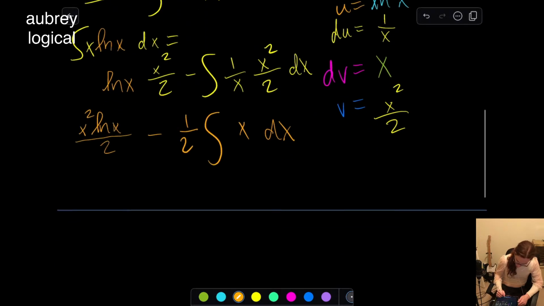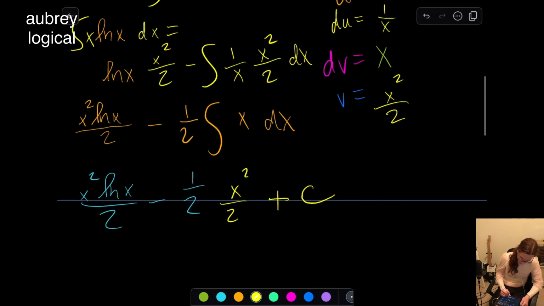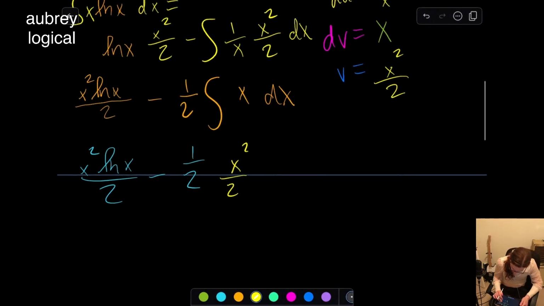Okay, so now we take the antiderivative of x, and we are left with this, and then we add our constant number. We're not done yet. I guess we can wait to add our constant number for just another second.